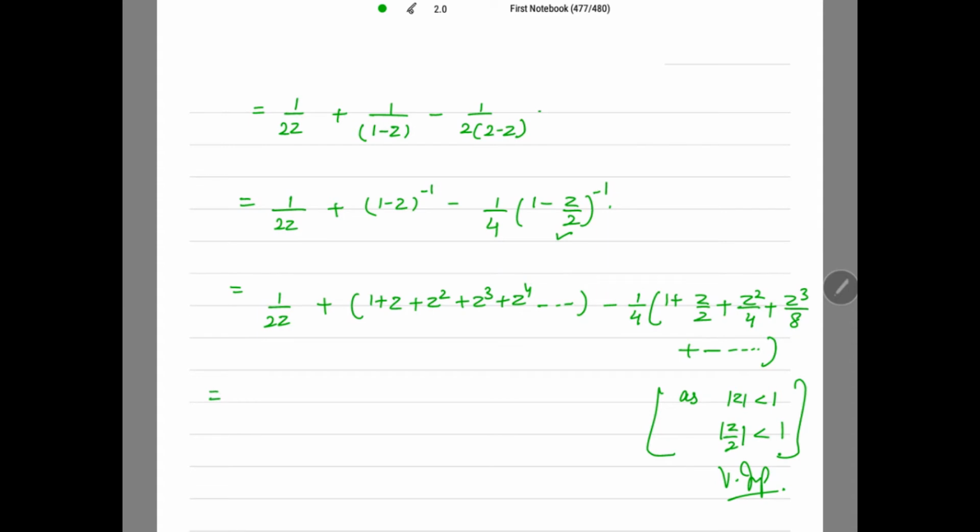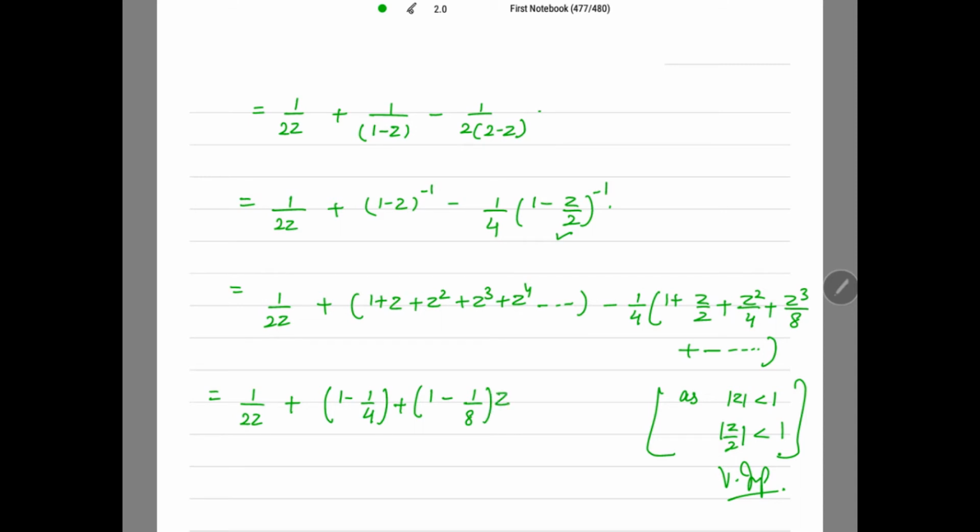Now collecting the like terms, this will be 1 over 2z. We are having only one term as 1 by 2z. The coefficient of 1 by z is only 1 by 2 here. There is no other coefficient. Plus, now the constant term is 1 minus 1 by 4. Then the coefficient of z, which is 1 minus 1 by 8.